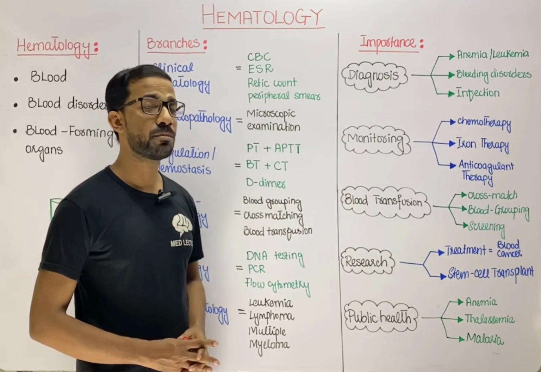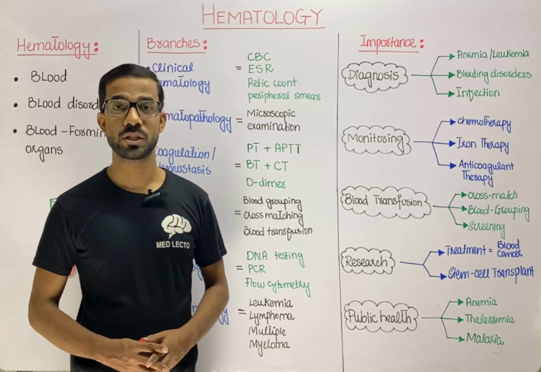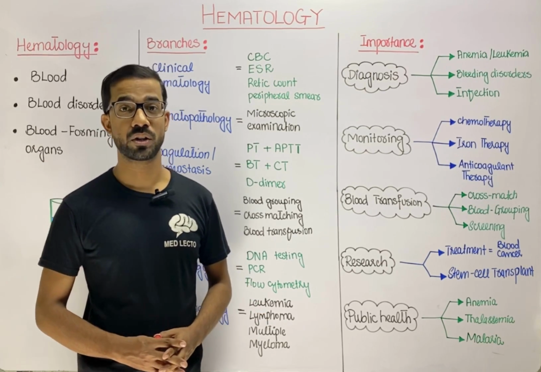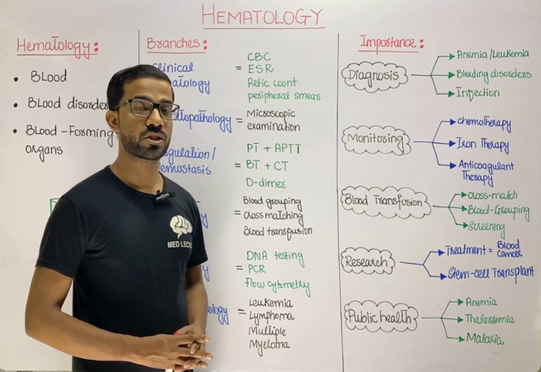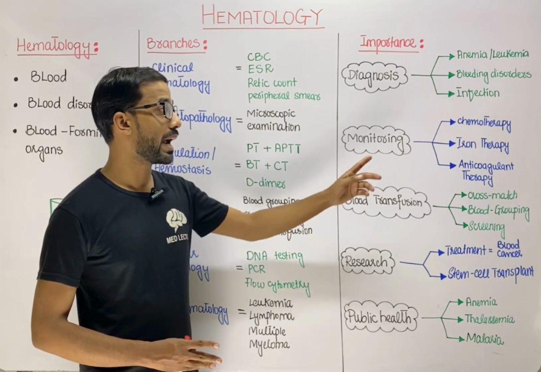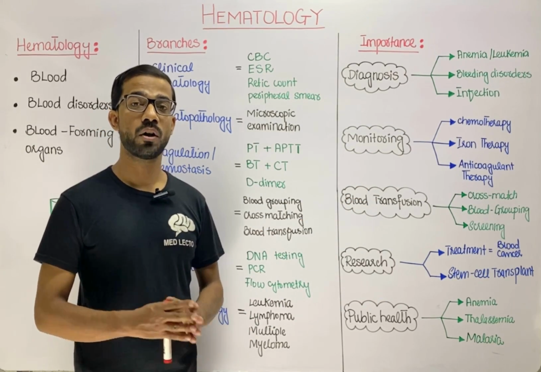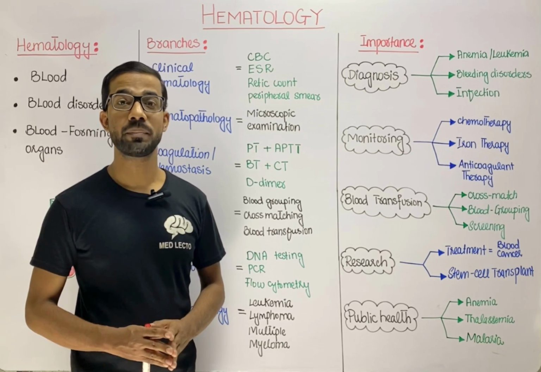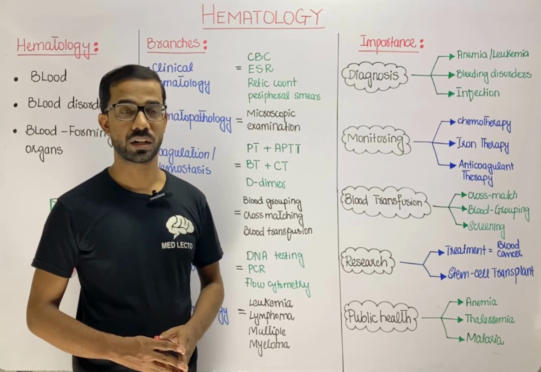Next is treatment monitoring, checking whether the patient is going towards recovery after the treatment. We can check this by doing some tests related to the blood, for therapies like chemotherapy, iron therapy, and anticoagulant therapy. After these therapies, we can do tests that show whether the patient is recovering or not.